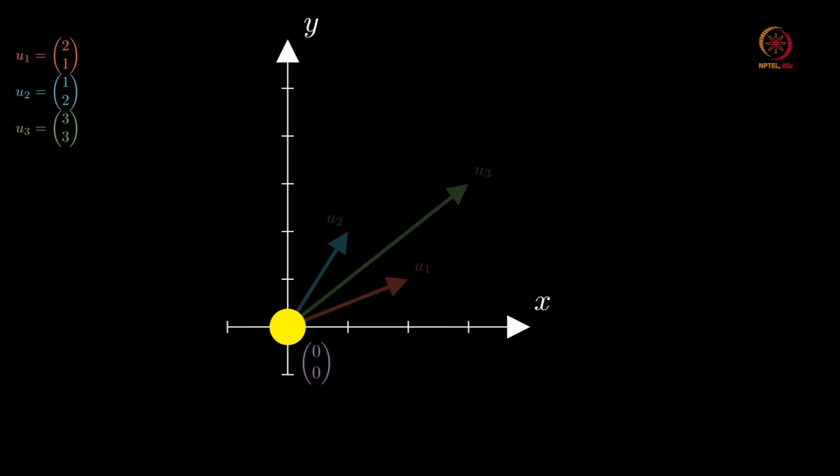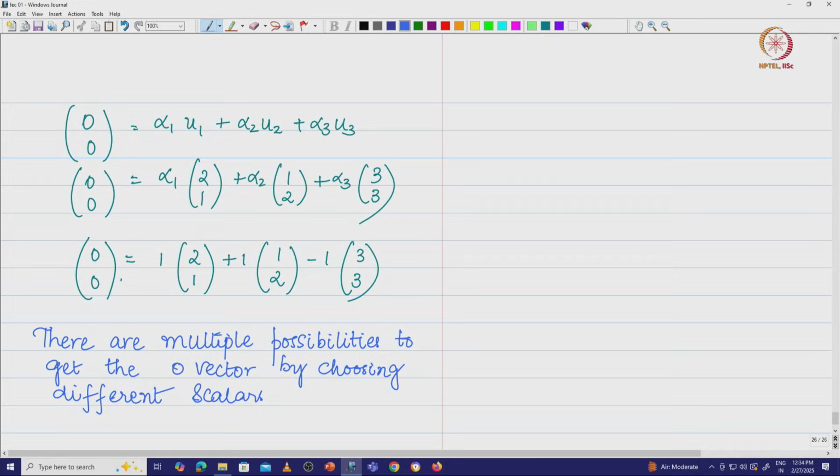In fact, one of the most interesting combinations that we have is I can do this also, right. 0 0 I can write this as 0 into 2 1 plus 0 into 1 2 plus 0 into 3 3, even that is a very valid combination which would give me the 0 vector, right. So, we have this one combination in which the coefficients are themselves 0, and you also have the other combinations where the coefficients are not 0, but still we end up getting the 0 vector, right.